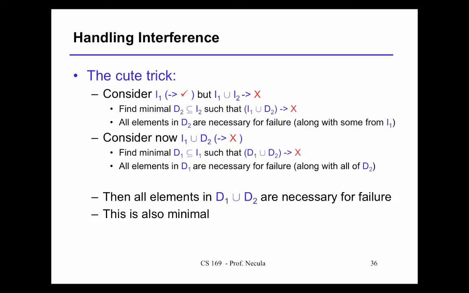That subset D1 gives you the minimal set. So you split the input in half, you test each half, you know that there's some part of the first half and some part of the second half. First you find the smallest part of the second half that along with the first half fails. Then you find the smallest part of the first half that is needed, and those two together are minimal. And this works amazingly well, actually.